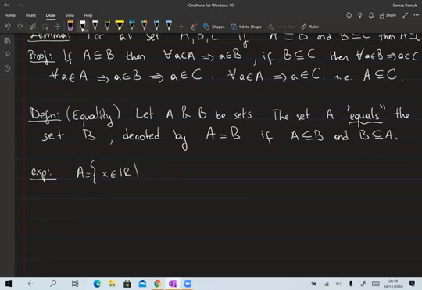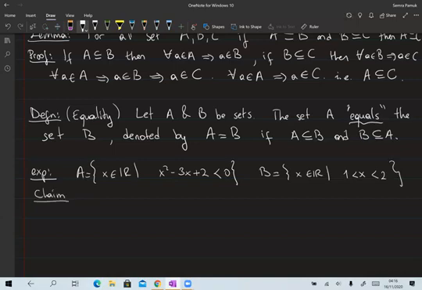A is this set, and B is this set. If you want to show that A is equal to B, what are you going to do?